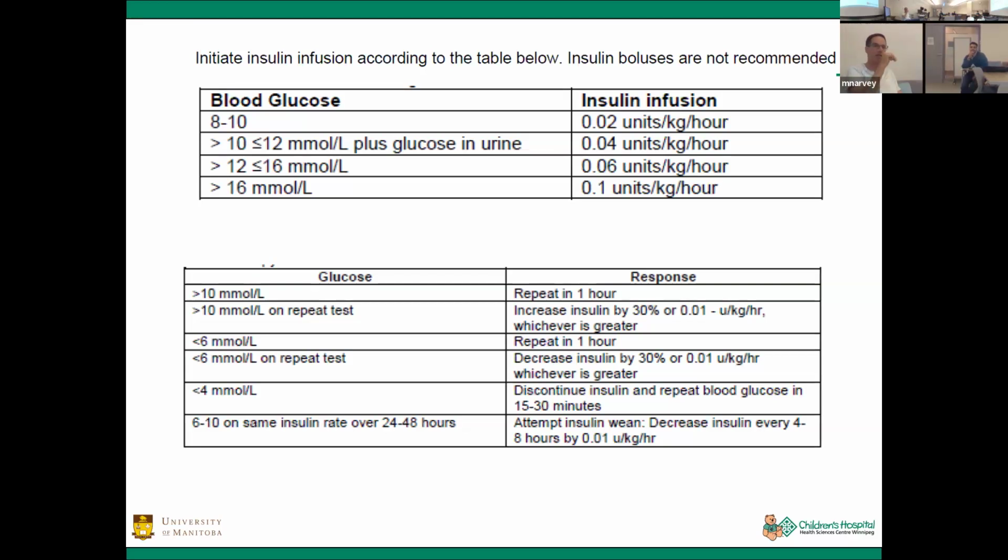This is my final slide, so I'm just going to spend a minute on this, just saying where things stand. This is for our fellows, and I guess for Chelsea too. We had proposed that at HSC, for any baby on insulin, much like we're doing for saturations, we would take a laminated card with the sliding scale, put it on the bed, and say, please initiate insulin at, if their sugar was 11, 0.04 units per kilo per hour, and adjust insulin as per protocol based on the sliding scale.